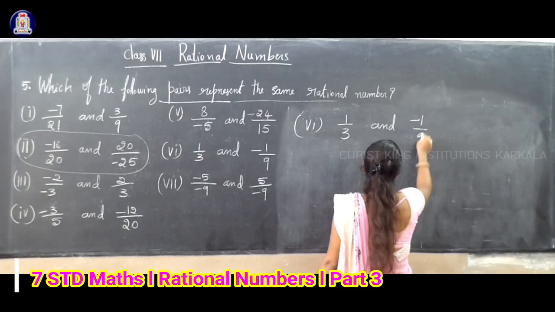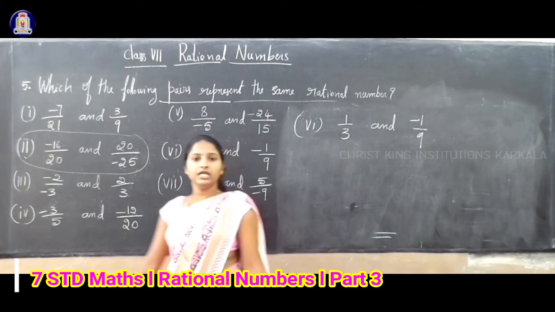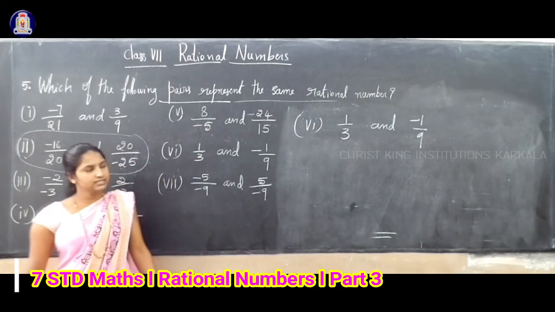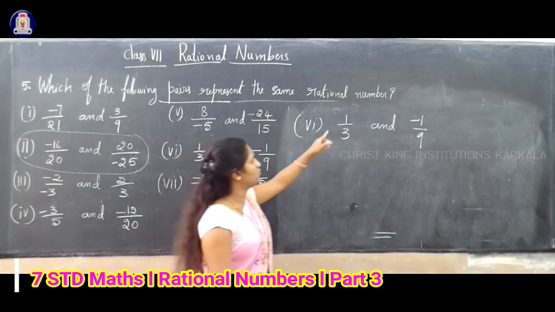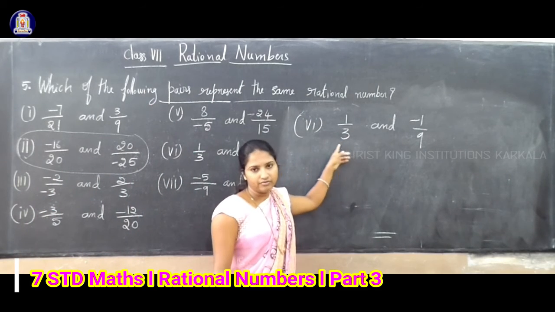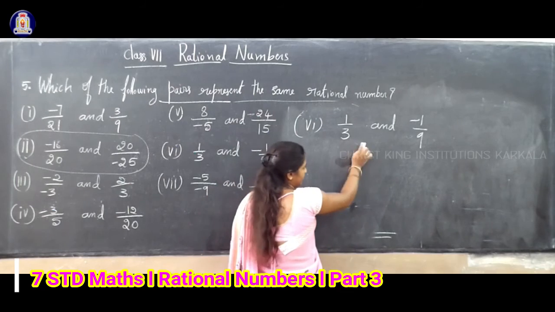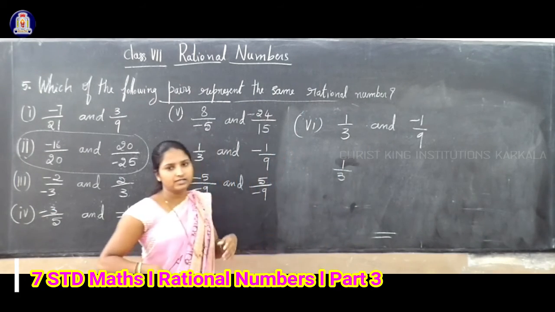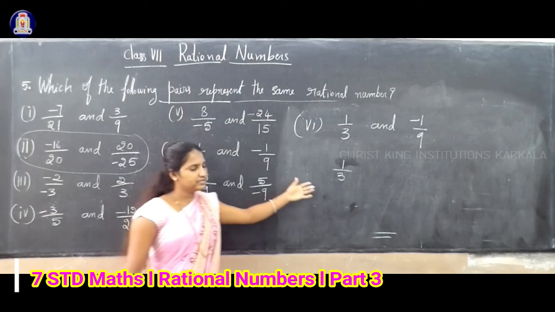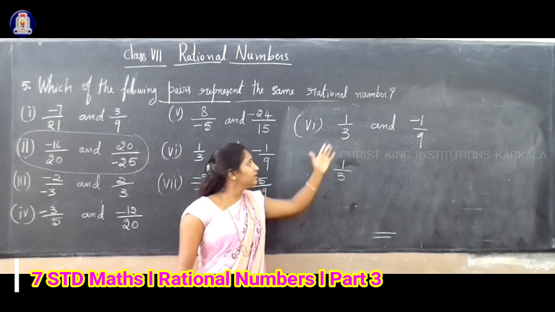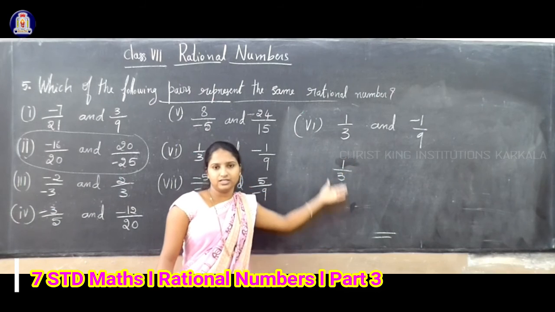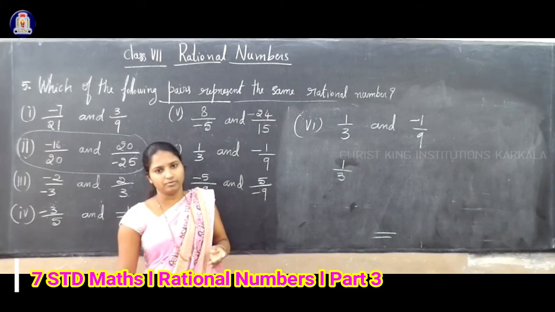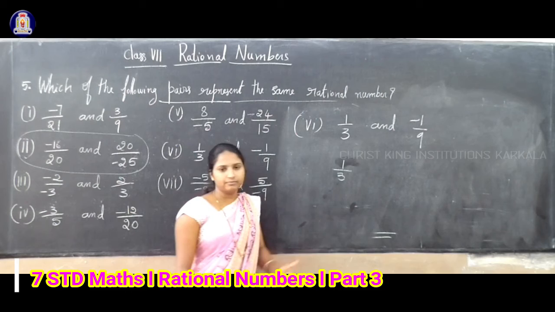Can you simplify this? 1 by 3? No, we cannot simplify it, so write it as it is. If any table divides both the numerator and denominator, then we can write the simplest form. But here no number divides both. So what remains is 1 by 3.